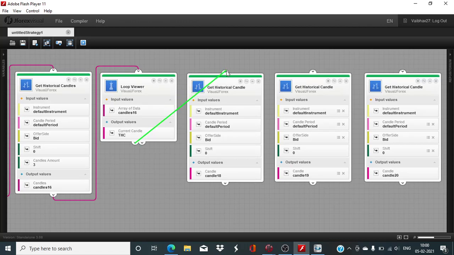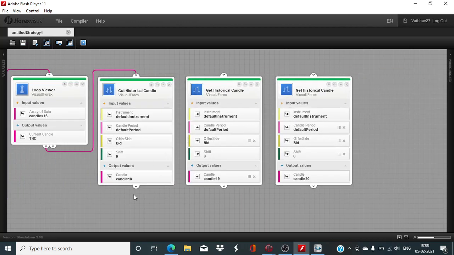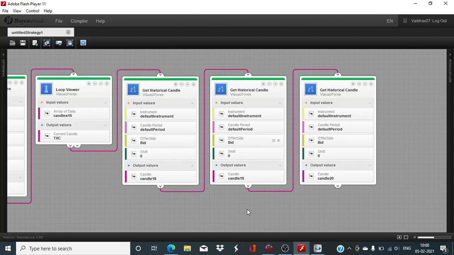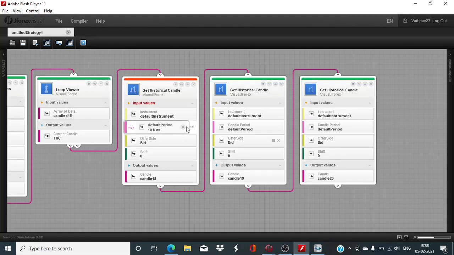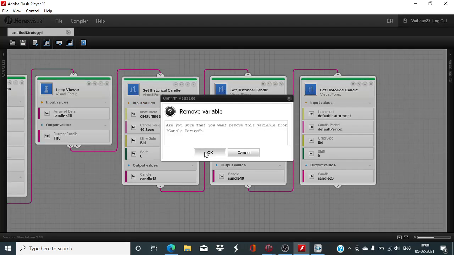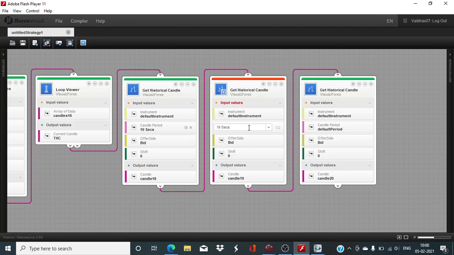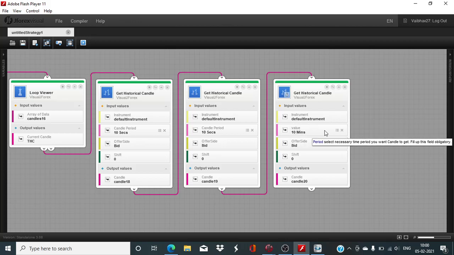We will continue with the loop. Ten seconds. This is also going to be of 10 seconds, and this one I will change to hourly.